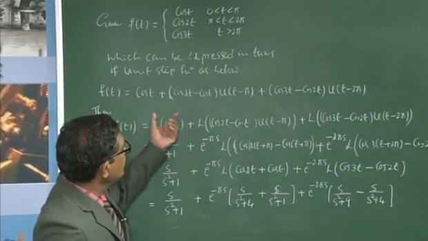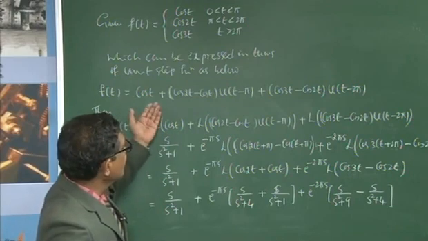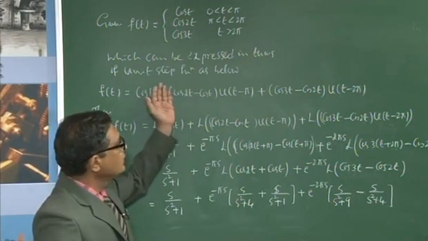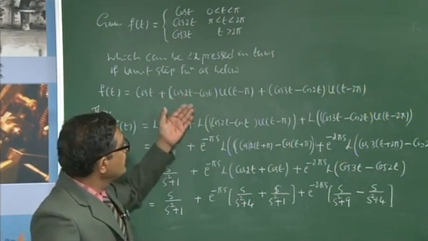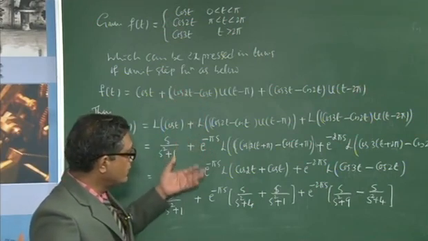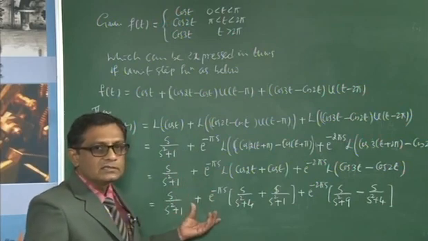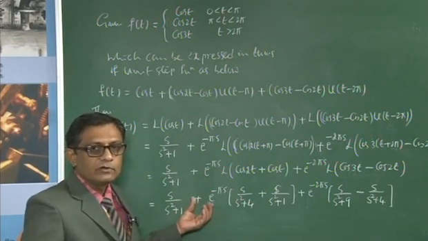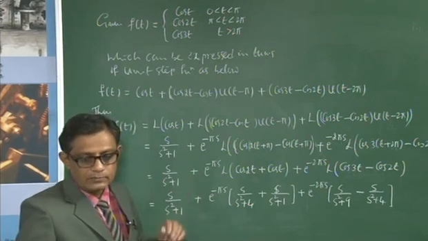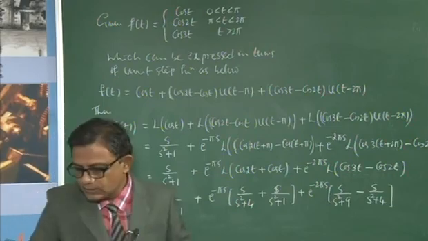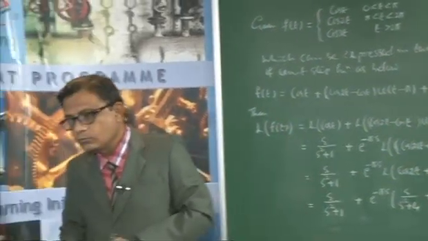Here, by expressing the given function in terms of the unit step function and by using the second shifting property, we got the Laplace transform for the given function which is defined in the sum interval. Yes, this is about the Laplace transform.